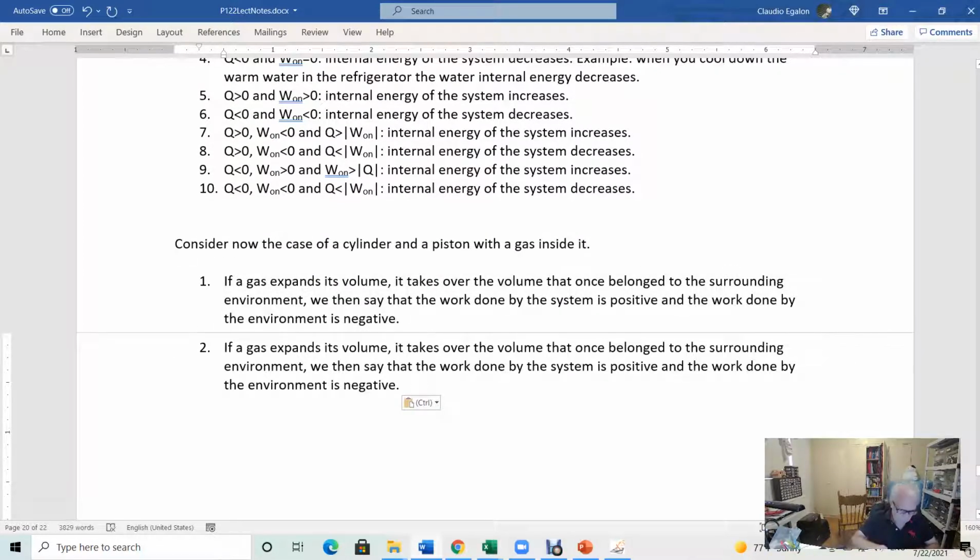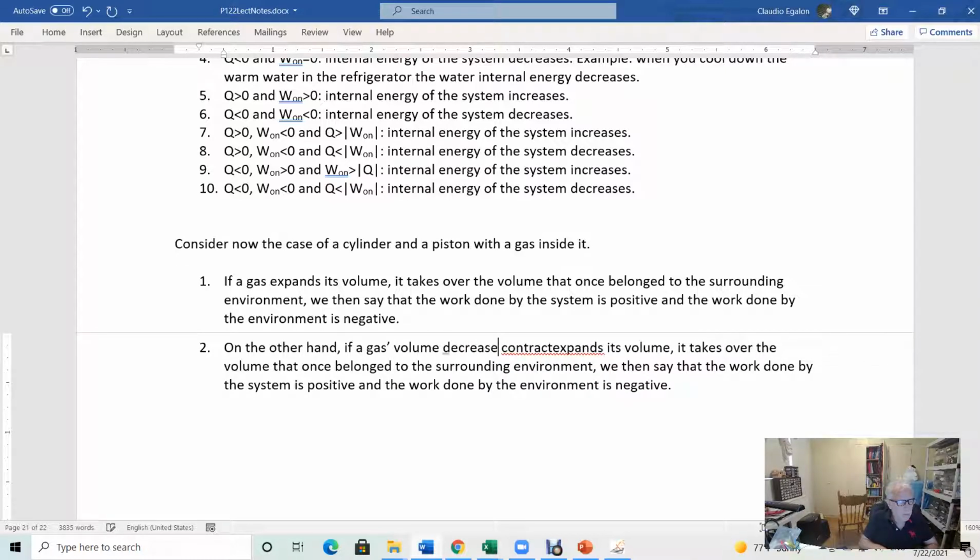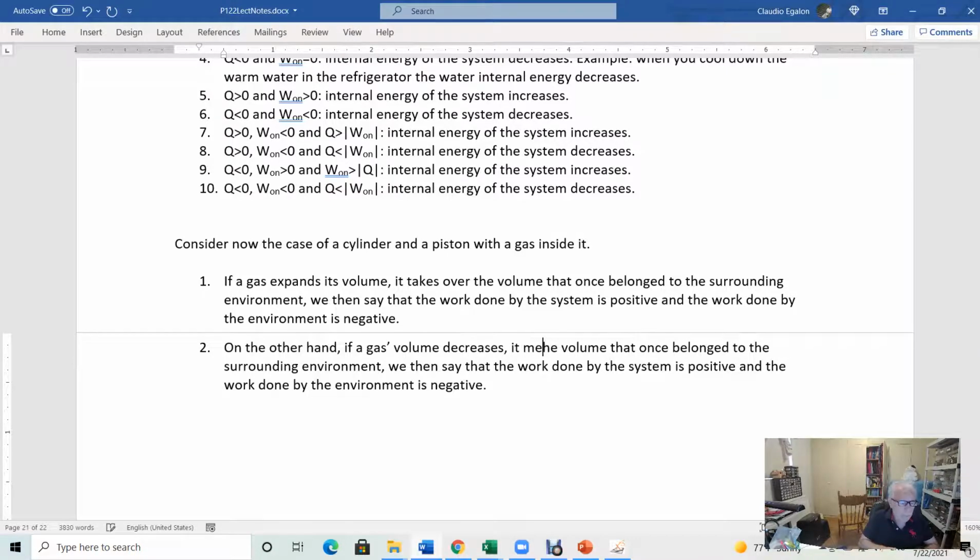On the other hand, if the gas contracts, the gas volume decreases, it means that the volume of the surrounding environment increases.